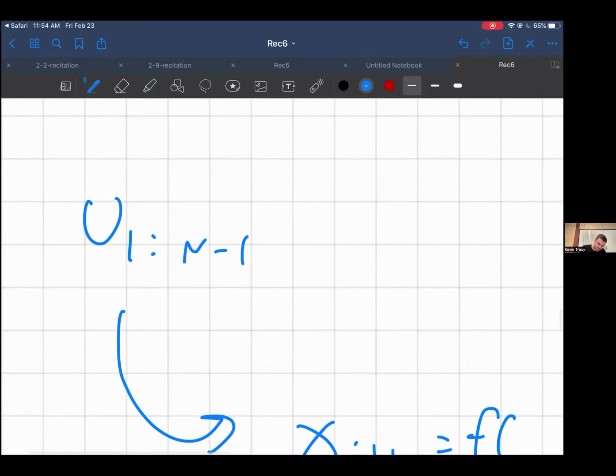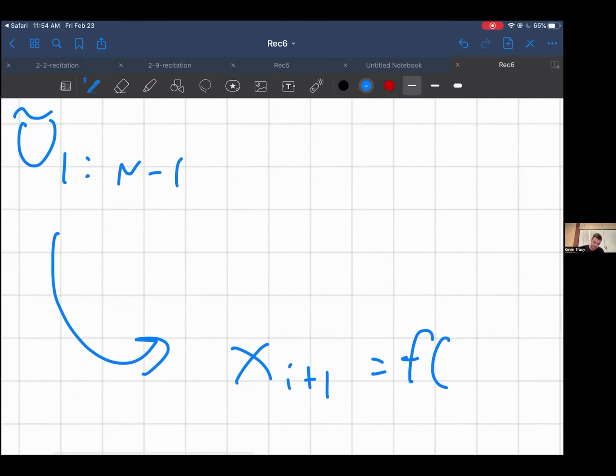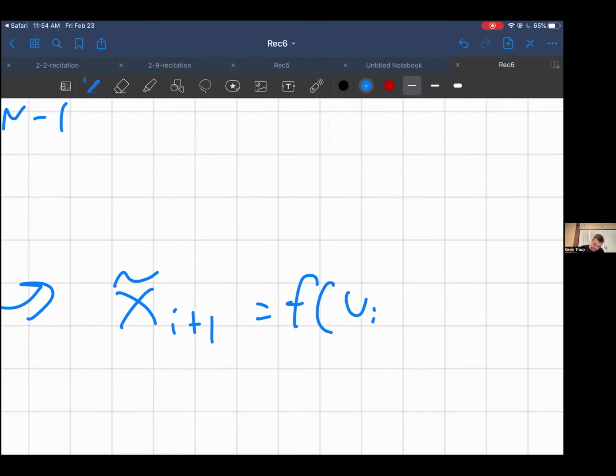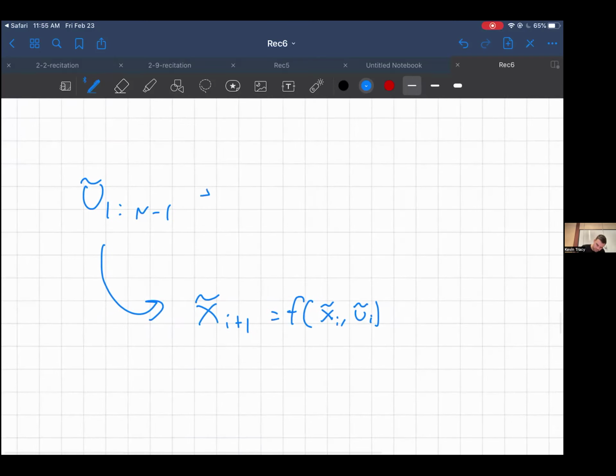So basically, if u tilde is my guess, then I'll do a rollout where I get my guess x. So this is my initializer.